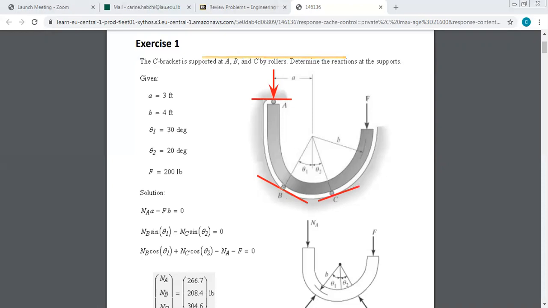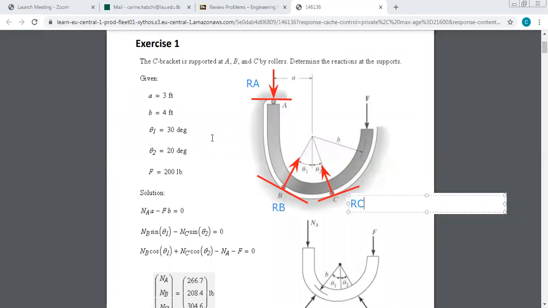This is reaction at B, and this is reaction at C. So now I have the 3 unknowns, RA, RB, and RC.